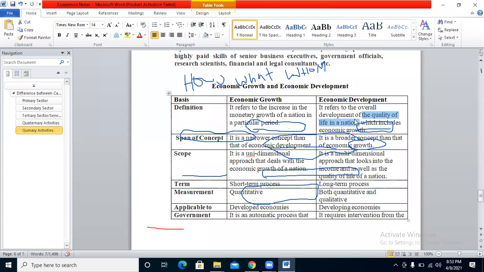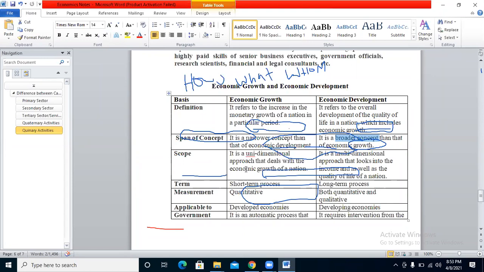It takes time, like 5 or 10 years, to put your country at a specific position. Second is the span of the concept. Economic growth is the narrow concept, and economic development is the broader concept. In scope, growth is the unidimensional approach.